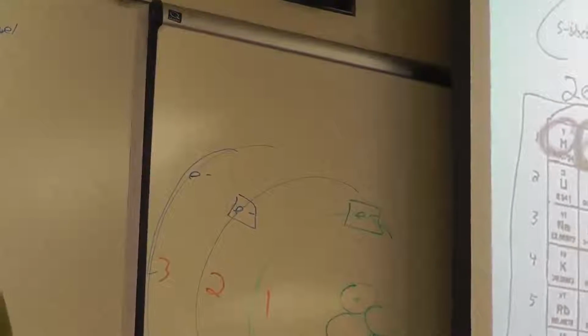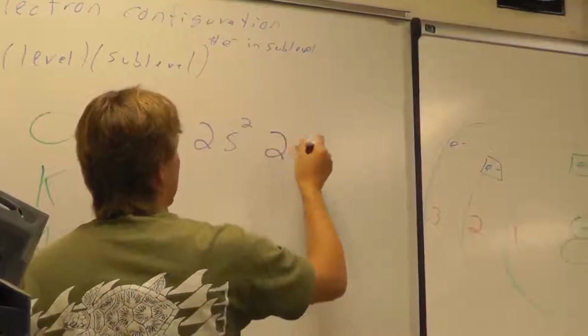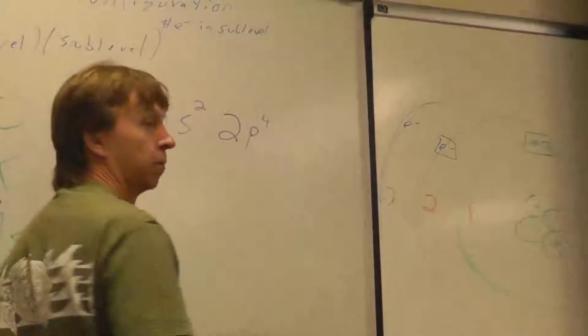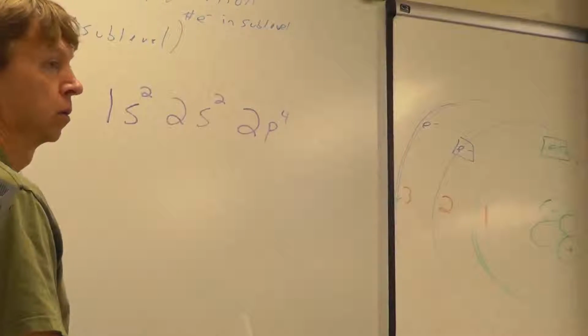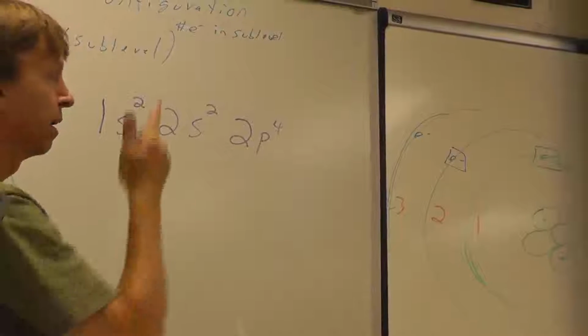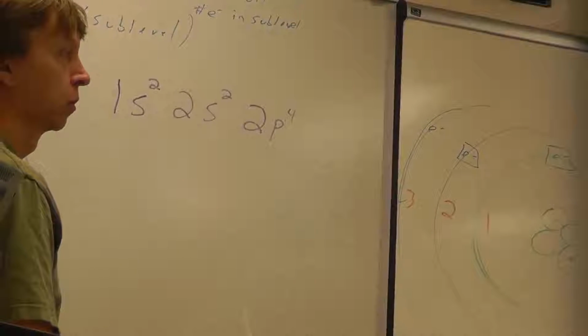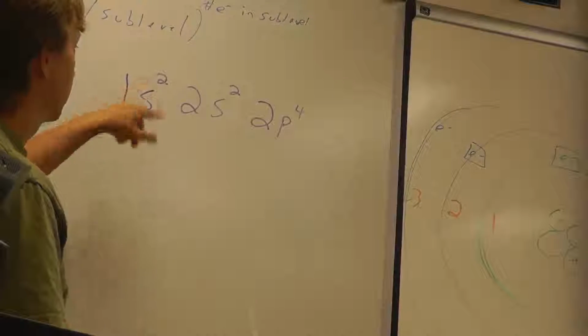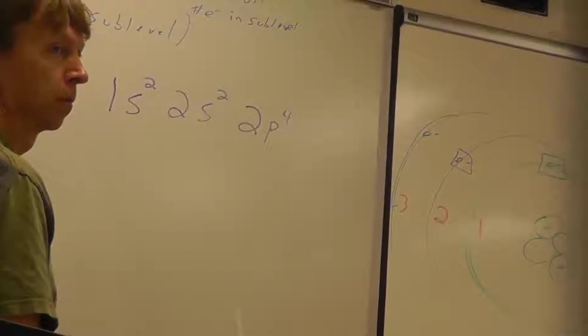Where are electrons 5, 6, 7, and 8? Second row of the P block, right? Technically, that's second row. There is no first row. So second row of the P block, and it's in the 4th column, correct? So it's got all 4 of those. And 2 plus 2 plus 4 is 8, and you know you've got everybody accounted for. Do you see how to read that off the chart?